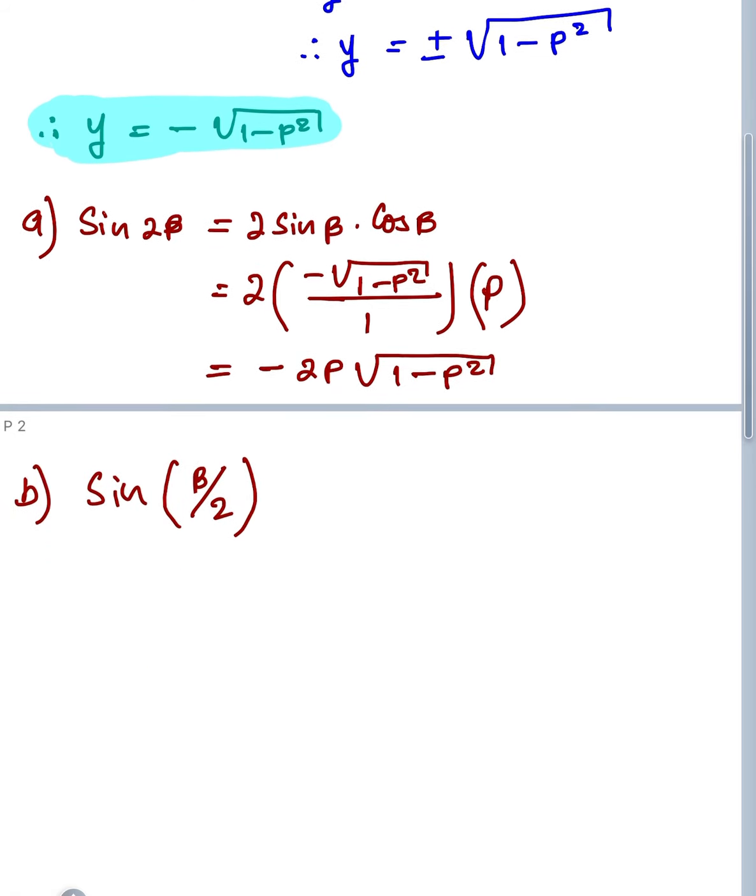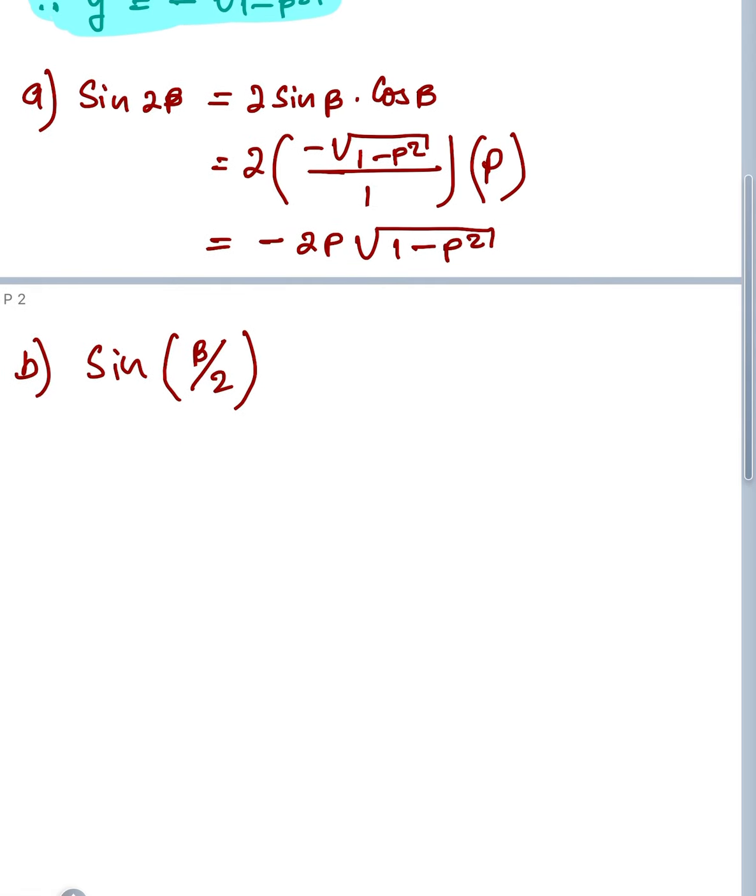Pay attention. Because this angle beta over 2 doesn't really look familiar to us, and it looks tedious, I'm going to say let x be equal to beta divided by 2. All right then, I have a double angle of cosine, which will give me the value of sine somehow.